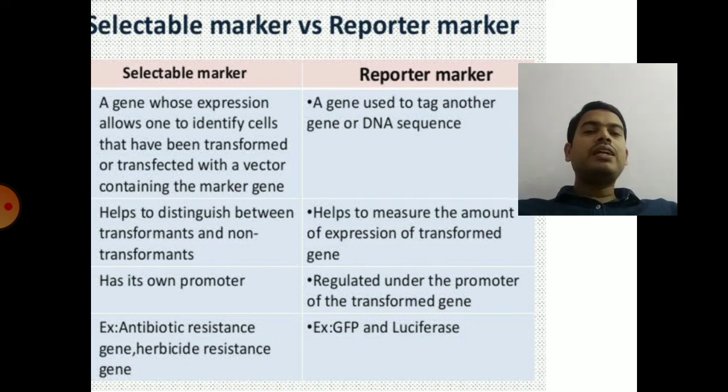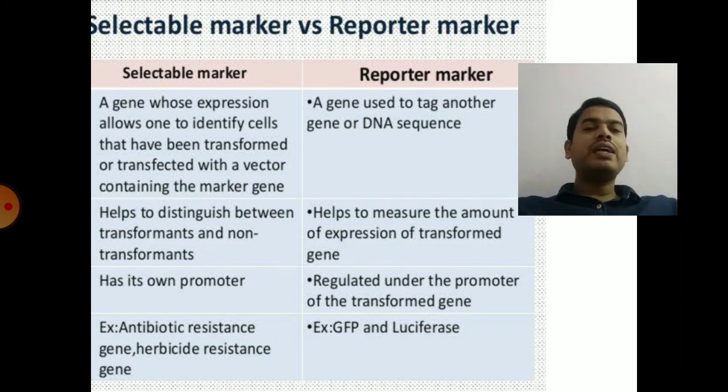Selectable marker means resistance to antibiotics or herbicide resistance, etc. It is a gene whose expression allows one to identify cells that have been transformed or transfected with a vector containing the marker gene. As I mentioned, they are used for identification between transformed and non-transformed cells. That is a selectable marker.